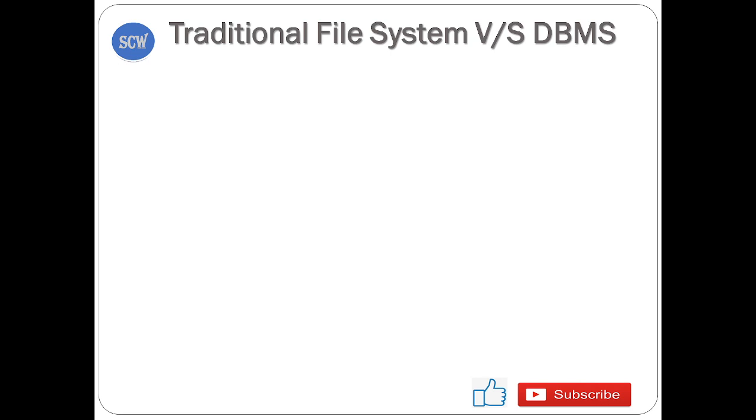There is a huge difference between traditional file system and DBMS. A few years ago, we were using traditional file system. By using it, we were facing some problems. Then what are those problems or drawbacks, and how did DBMS overcome those drawbacks? Let us see one by one.